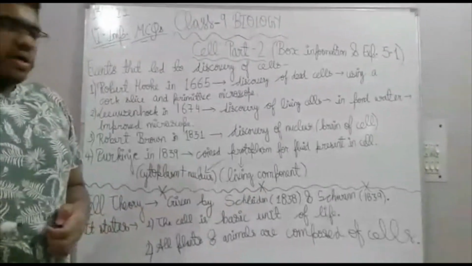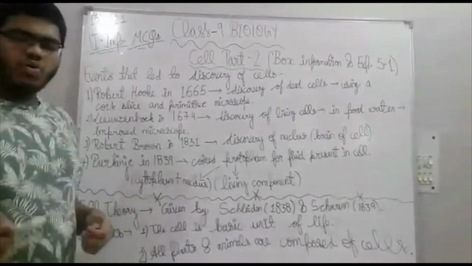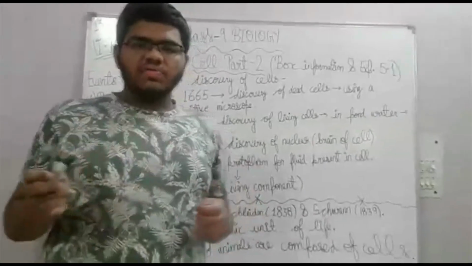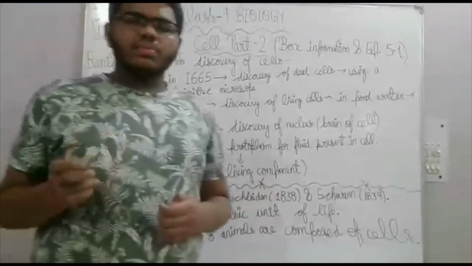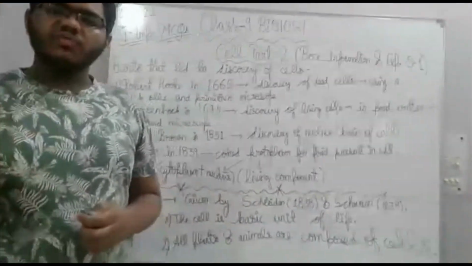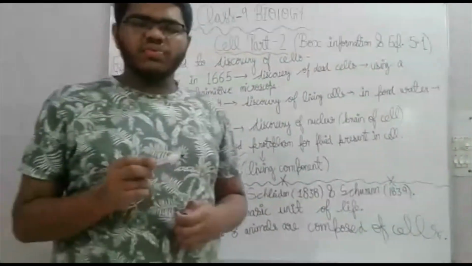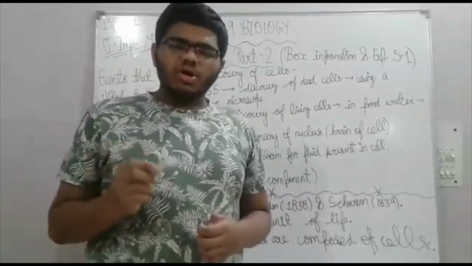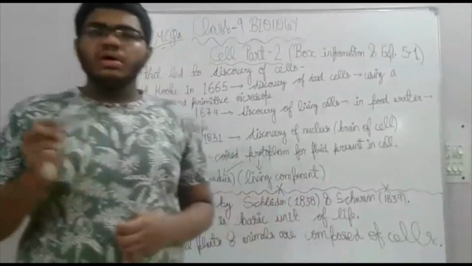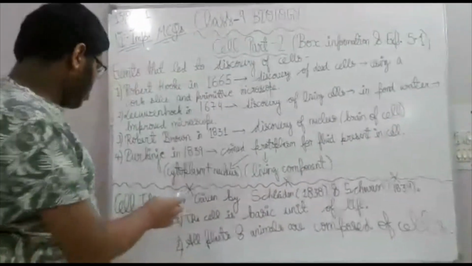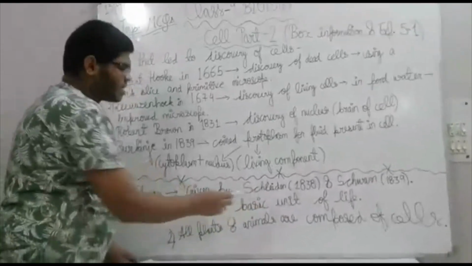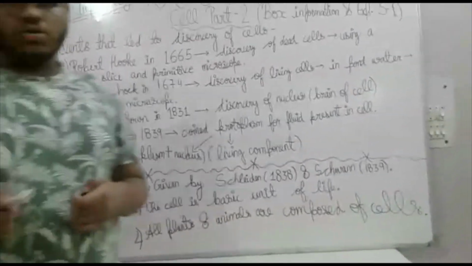It is a fundamental unit of life because all the organisms have developed from cells. Also, prokaryotic cells have a single cell. And another point is that all plants and animals are composed of cells, as we all know.